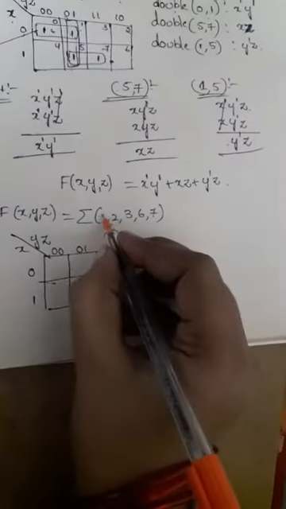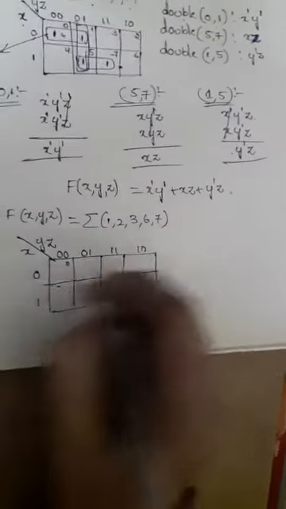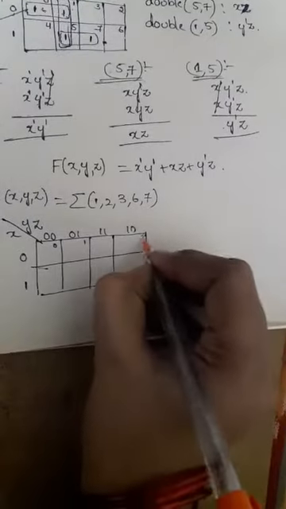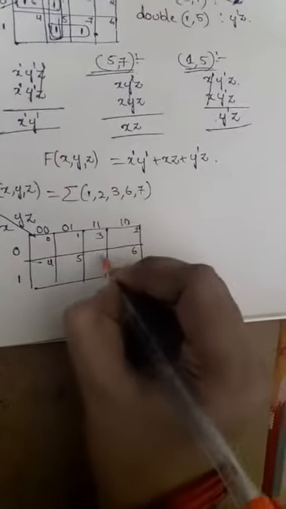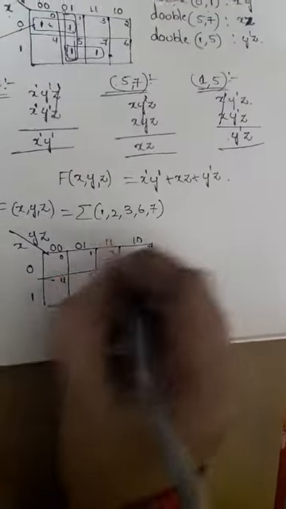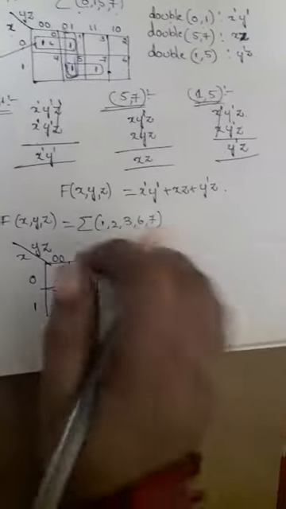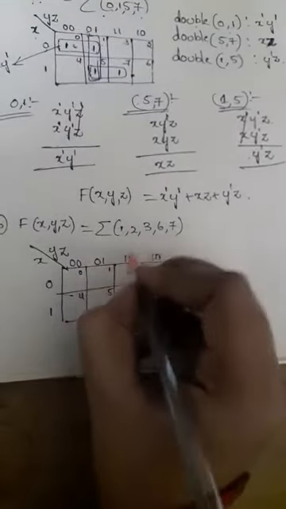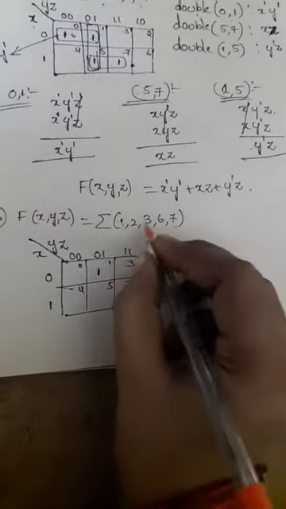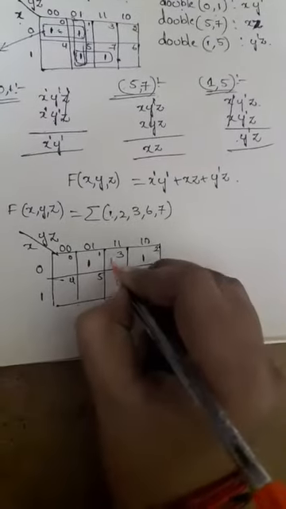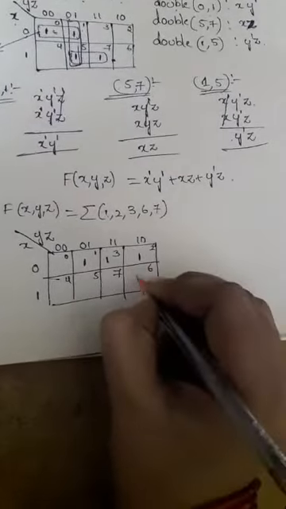For the cell numbers 0 1 2 3 4 5 6 7, we first indicate which cells contain 1 by mentioning those cell numbers: 1 and 2, next 3, next 6 and next 7.